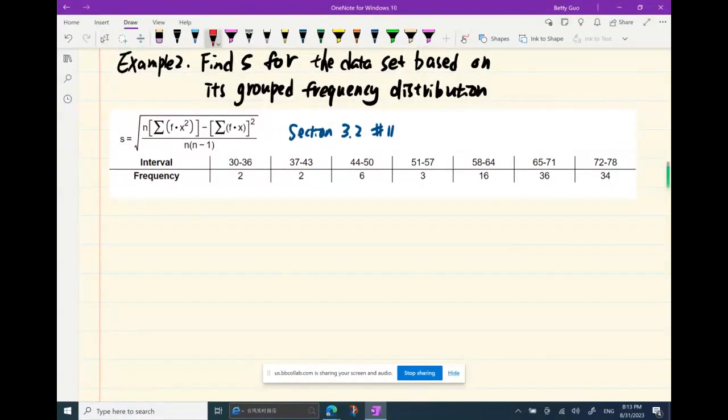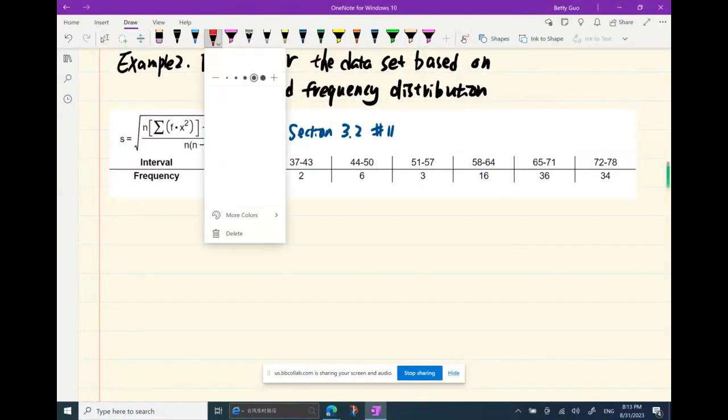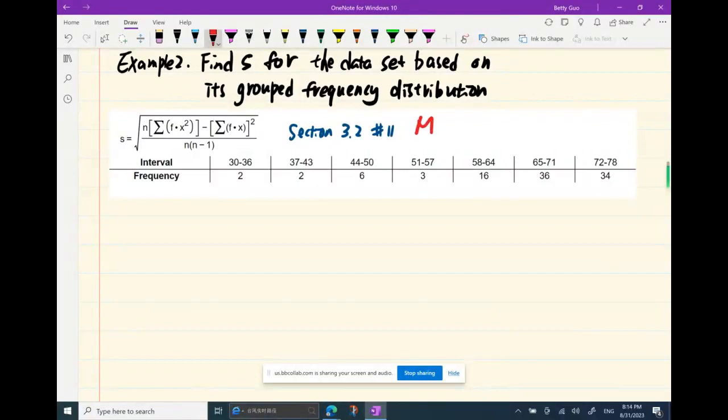This question is from MyLab Math, section 3.2, number 11. You are given a grouped frequency distribution table. For some reason their distribution table is horizontal. The first row gives you the range or classes. The first class is from 30 to 36. Frequency is 2.